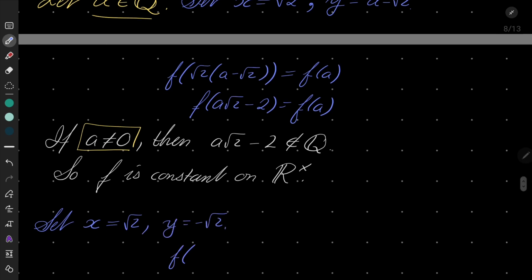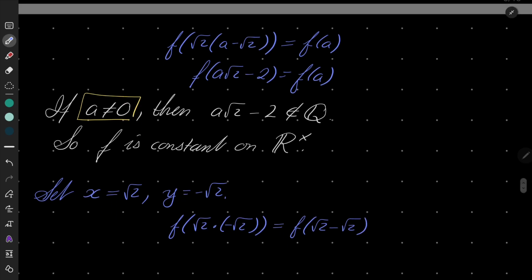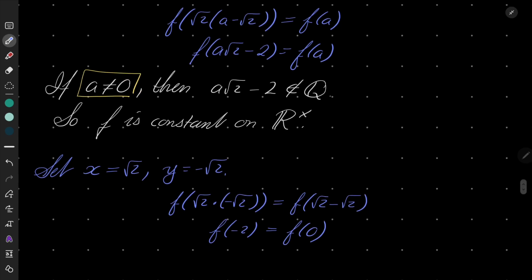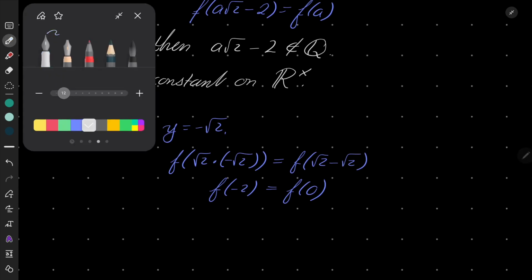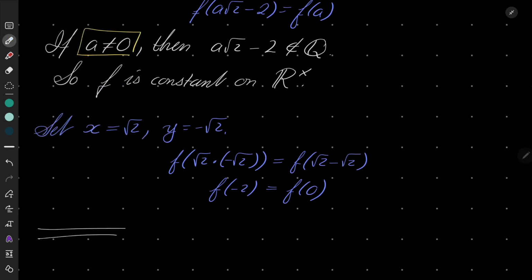Then f of square root of 2 times minus the square root of 2 equals f of square root of 2 minus square root of 2. So we have f of minus 2 equals f of 0. So now we know that the value of f of 0 is the same as the value of f of minus 2. So we now know that our function f is constant on the whole set of real numbers. F is constant on the entire R.